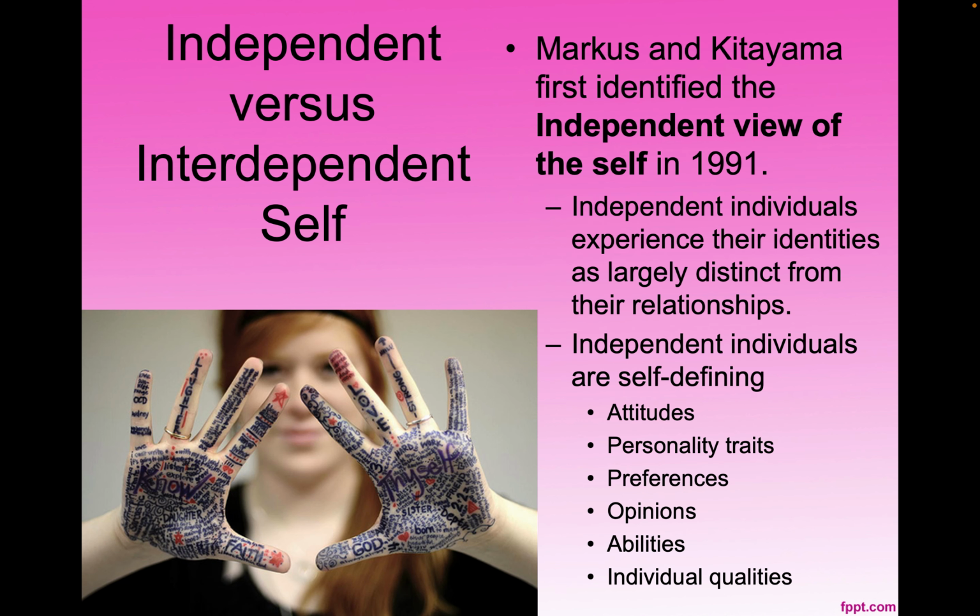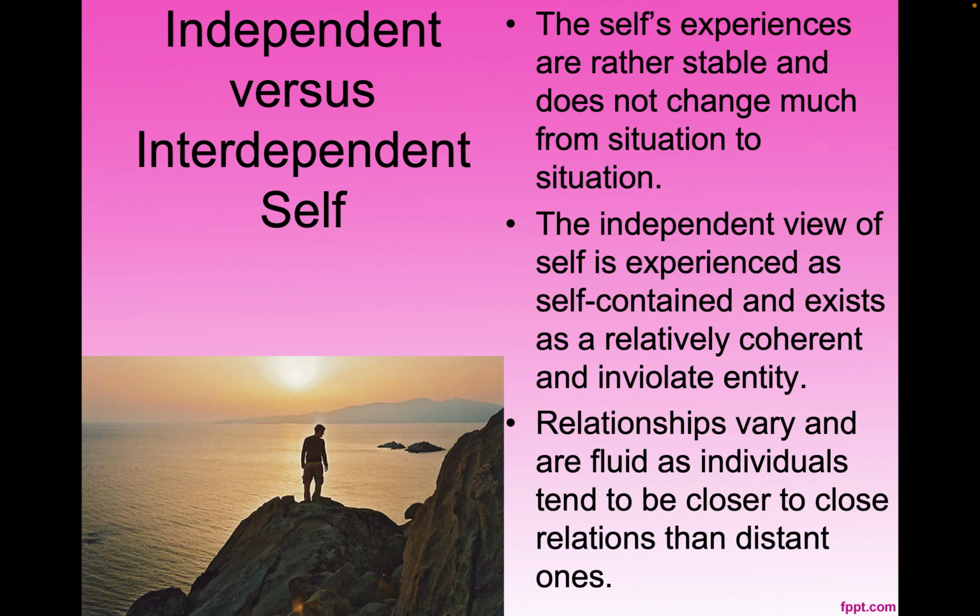Markus and Kitayama first identified the independent view of the self in 1991. Independent individuals experience their identities as largely distinct from their relationships. Independent individuals are self-defining: their attitudes, personality traits, preferences, opinions, abilities, and individual qualities.